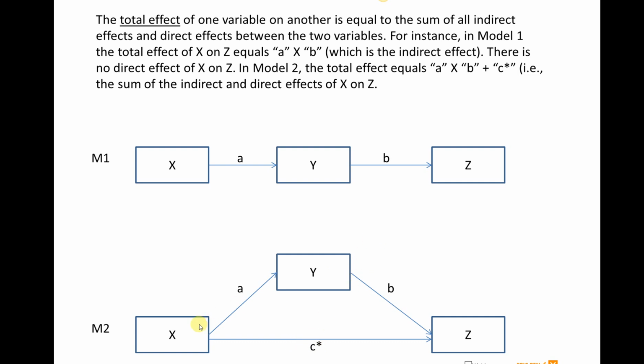So to calculate the total effect of x on z, we simply take the product of a and b, which is the indirect effect, and sum or add it to the direct effect, which is path c that we see right here.